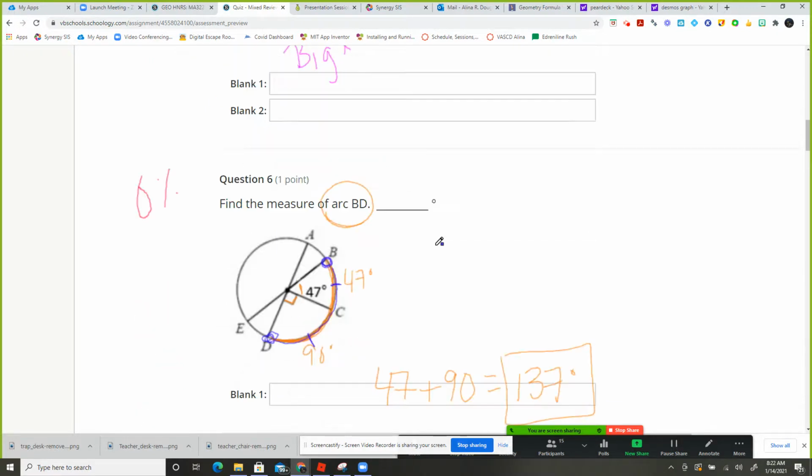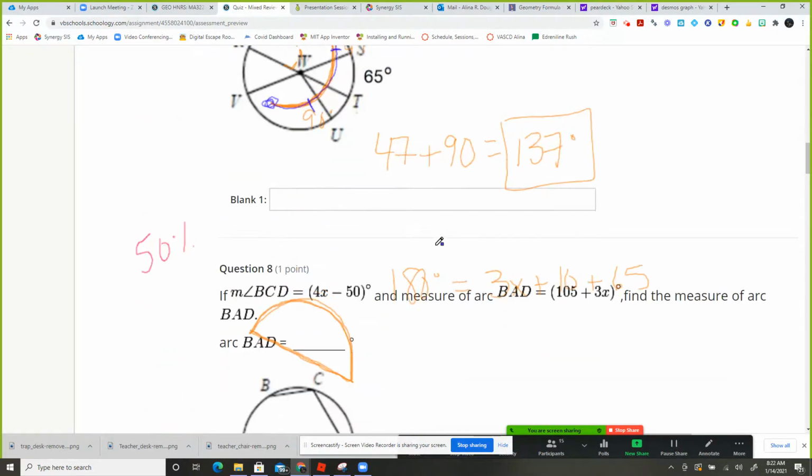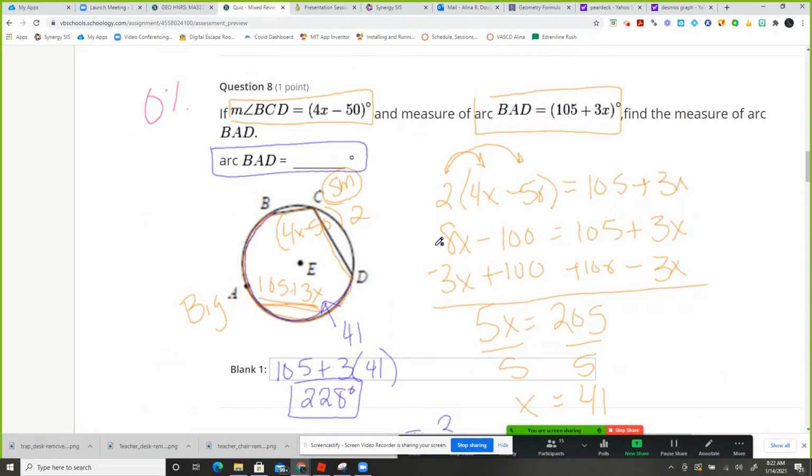And then I see number 8. So let's go to number 8. Number 8 is the same as number 5, so that's a good follow-up question. The angle is small, right? And the arc is big. So my equation was 2 times the small angle equals the big arc. We could have done half of the big thing.